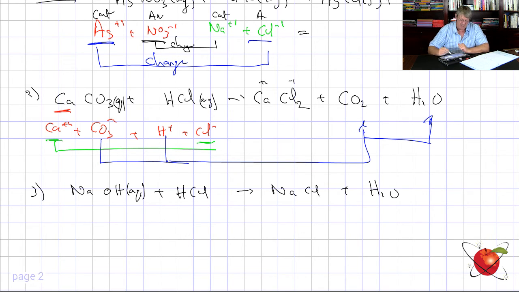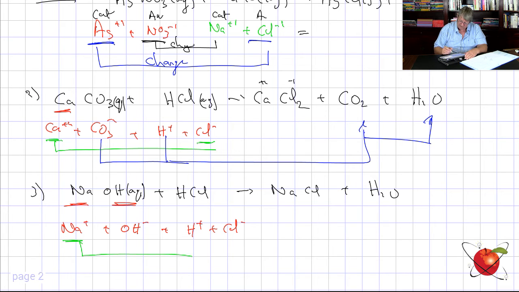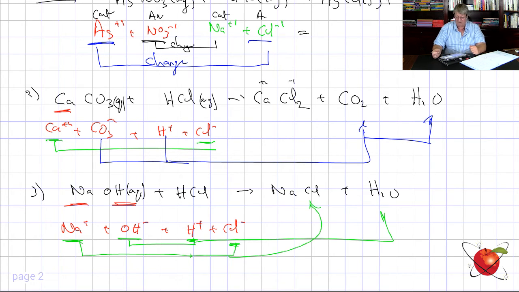And then you can go balance it. But essentially, let's have a look again. This is Na plus OH minus plus H plus Cl minus, right? And what did we do? Can you see again, we had the ion exchange. This one went with that one, positive to the negative, and these two got together to form water.